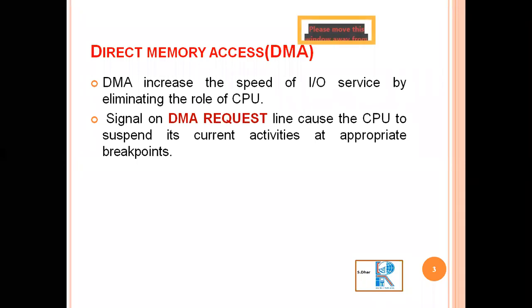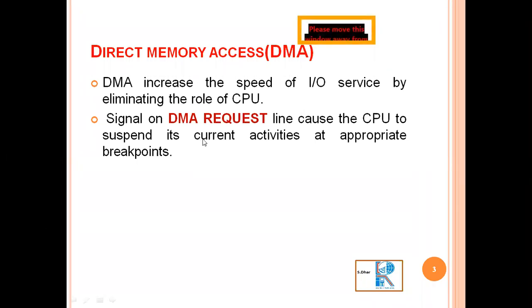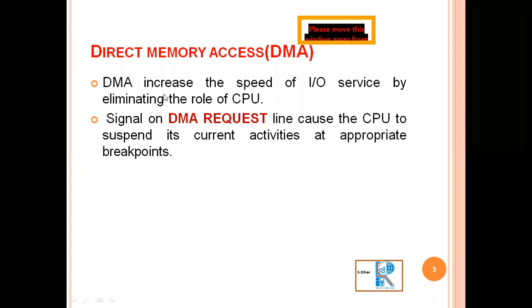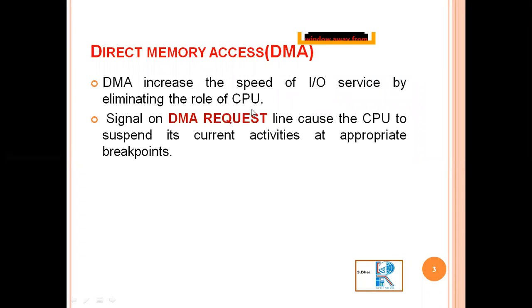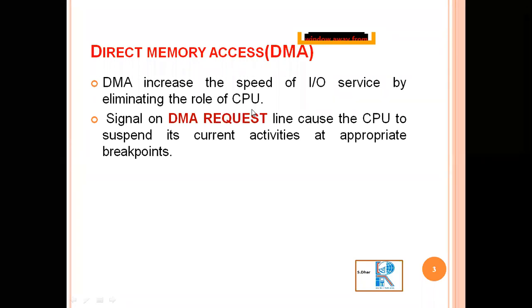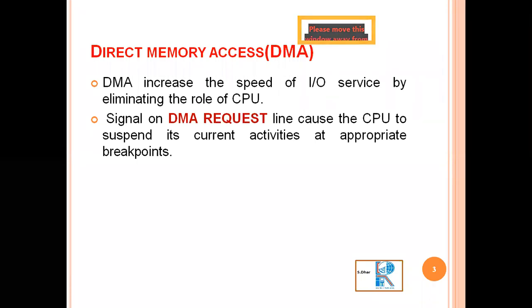So what is the advantage of DMA? The advantage is that DMA increases the speed of I/O service by eliminating the role of the CPU. There is no requirement of the CPU to transfer data from I/O device to memory or memory to I/O device, so in the meantime the CPU can do another operation. The performance of the system will increase because the CPU will not wait for the I/O device, which is actually a slower device compared to the CPU.